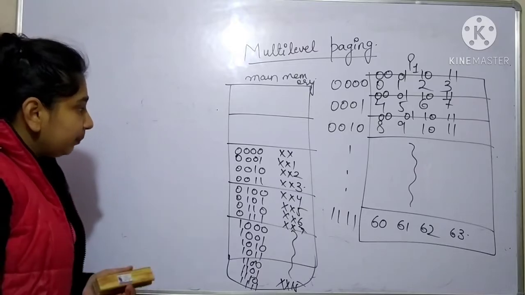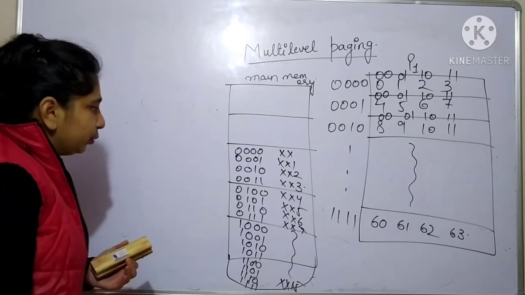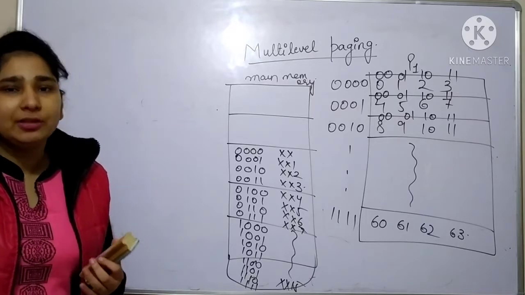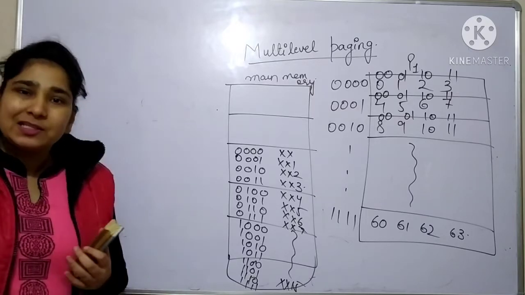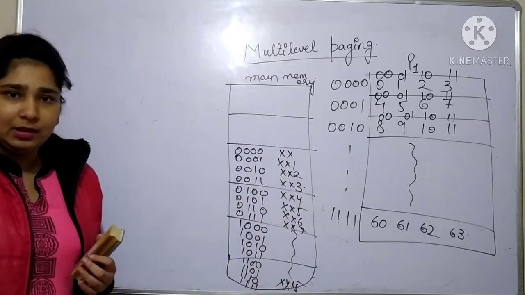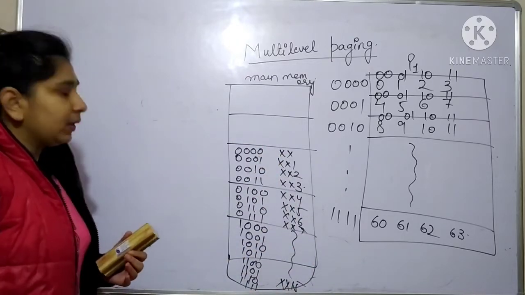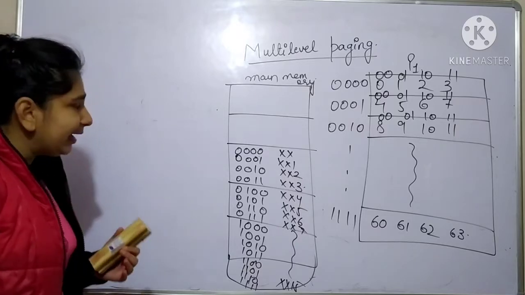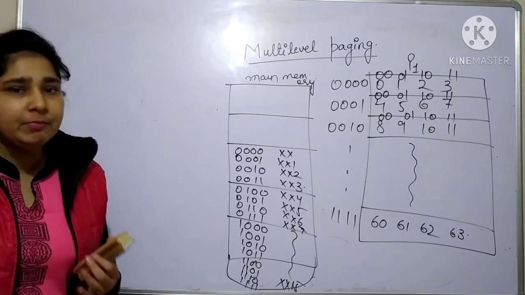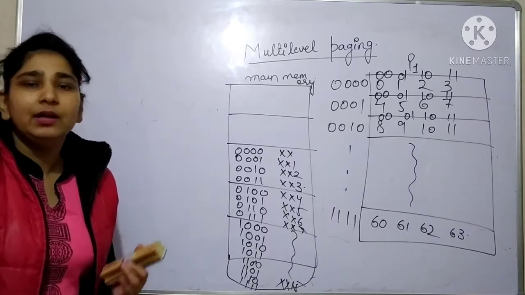Okay, so now if your CPU is requesting some instruction, what we will firstly do is check this complete page table, to know with the help of which frame number we can get our instruction.